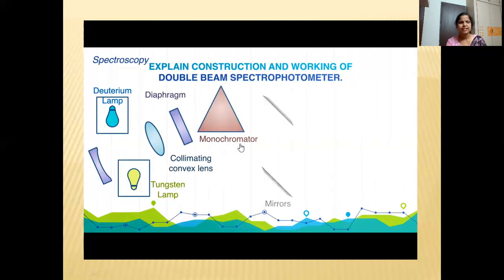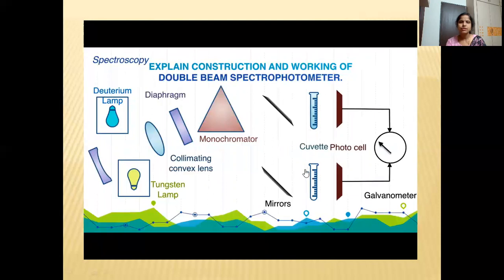The same thing again, but the only difference is that from the monochromator we will be having two mirrors there. After that, we'll have two cells, two cuvettes: one for the reference, that is the blank solution, and one for the sample. Then two photocells, which are again connected to the galvanometer.